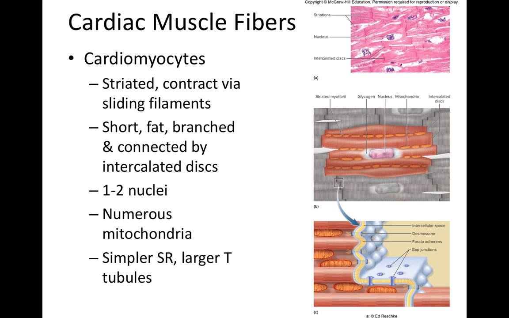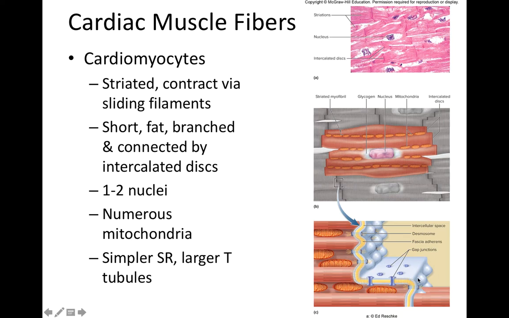So what we have here are several different types of cell junctions. We've got desmosomes, which connect the intermediate filaments in neighboring cells. We have the fascia adherens, which connects neighboring actin filaments. And then we also have gap junctions. The desmosomes and the fascia adherens hold the cells together.